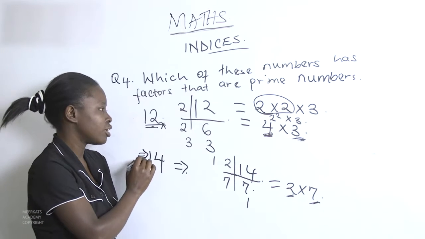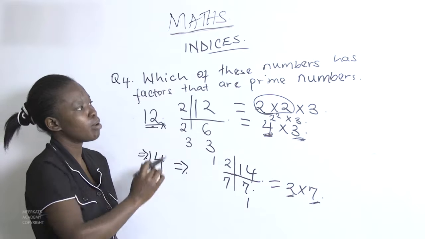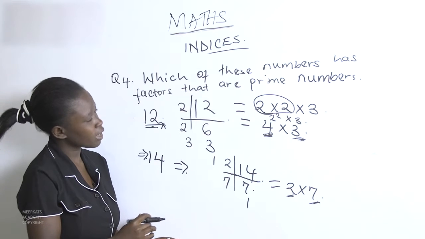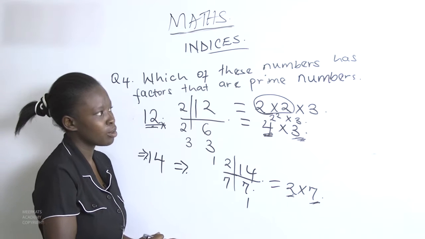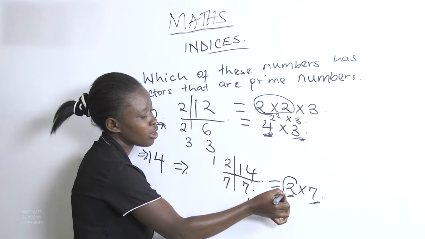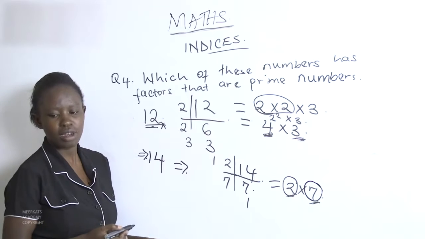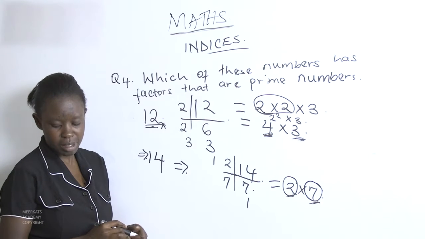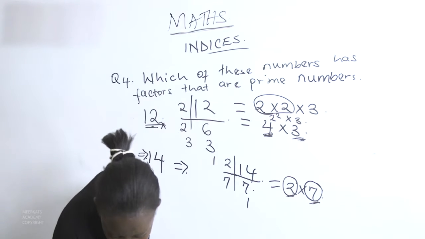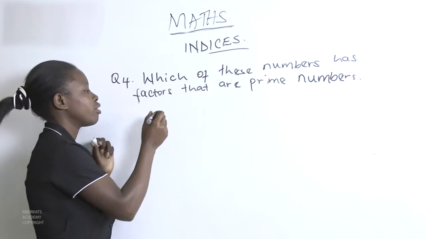So 14 is made up of factors that are prime. Another number we have to confirm is 18.